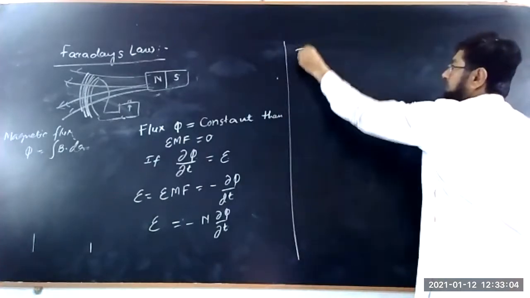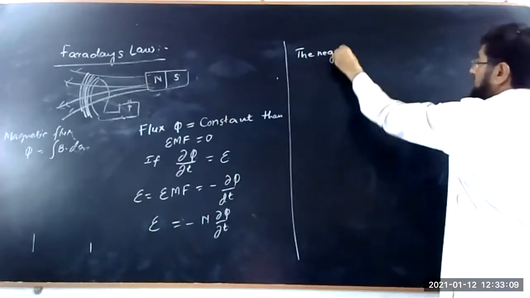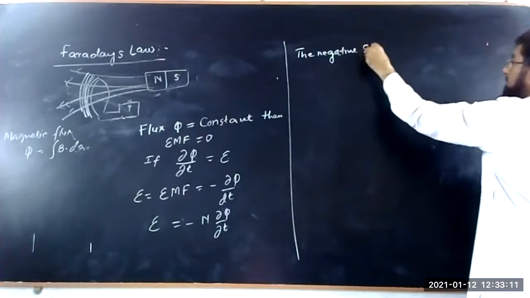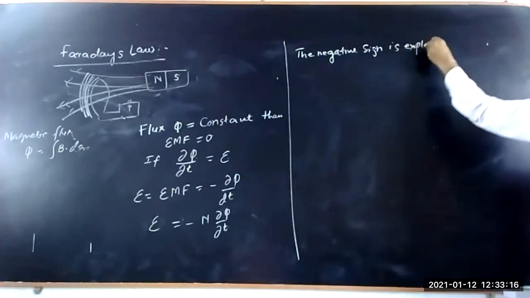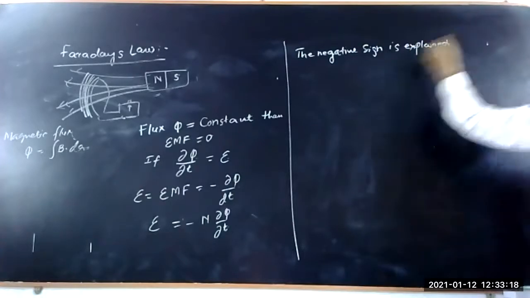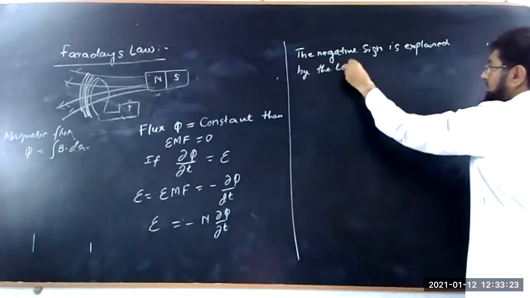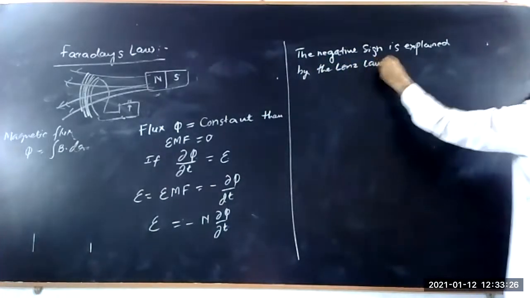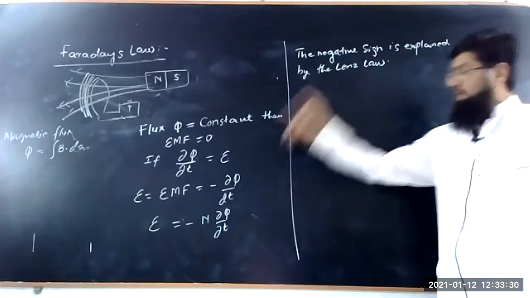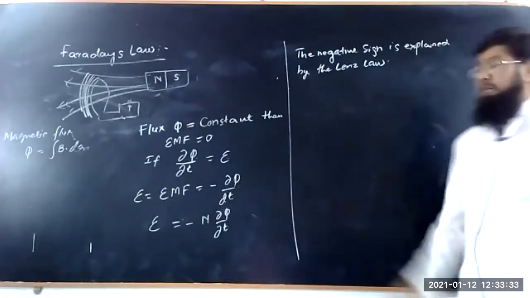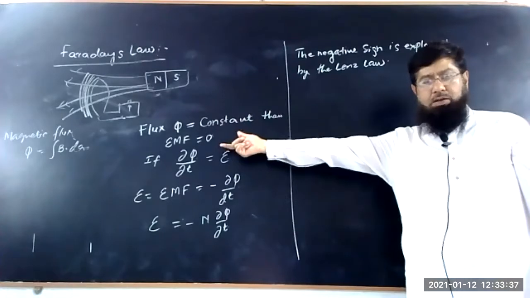Now, the negative sign is explained by Lenz's law, because the EMF which is induced in the coil will generate its own magnetic field.